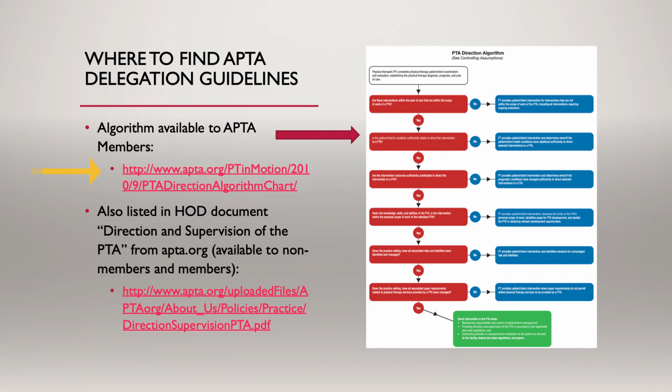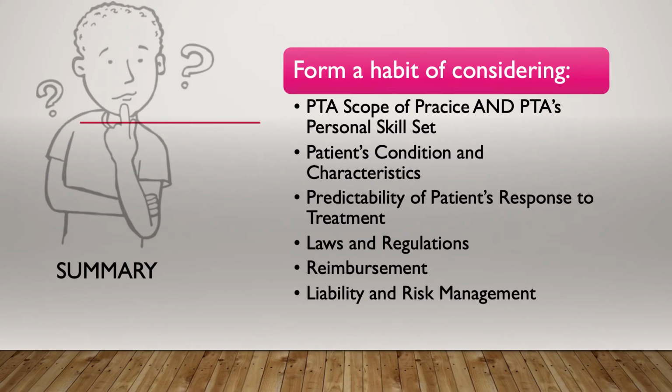If you're not an APTA member, you can still find a summary of all these factors listed in the House of Delegates document titled Direction and Supervision of the PTA from the second URL listed on your screen. And if you ever want a quick reference to the principles we've discussed in this module, these documents are a great source of information.